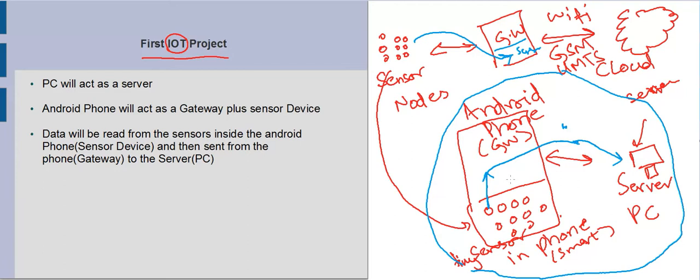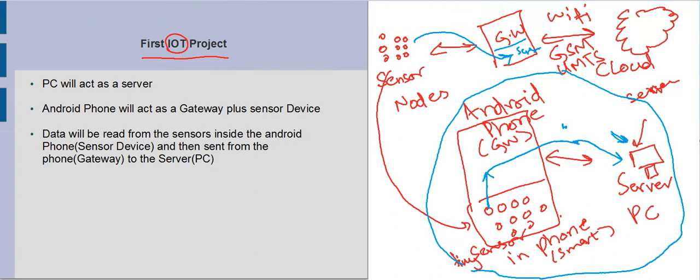We don't need a web application in the server here. We could have a web application and use HTTP send and get, post and all those things to receive the data or send the acknowledgement back. But we will just use maybe some small Android or Java application which is going to receive the values and send an acknowledgement back, or just display the values. So this is going to be our project.